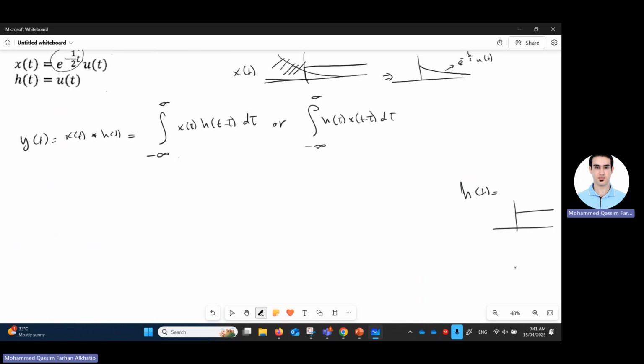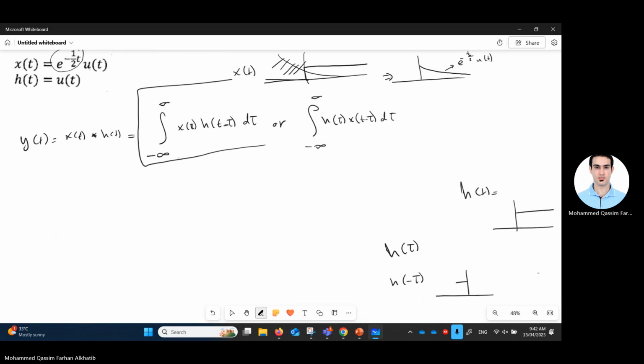So let's flip it. Now we'll talk about tau, because my integration is this one here, so I'm using this expression, because I'm flipping the h function. So h of tau is this one, and h of negative tau is something like this.